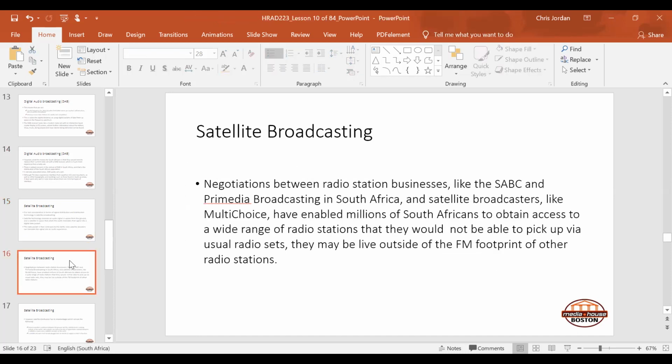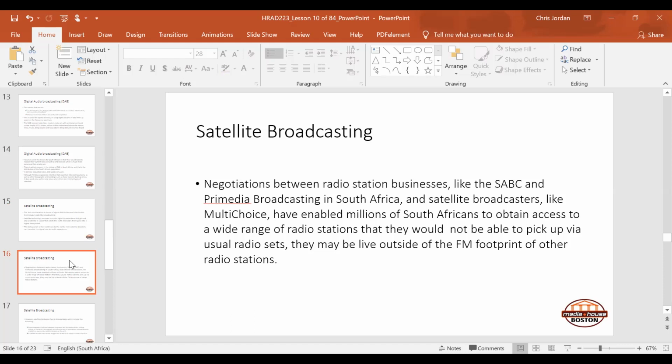So negotiations between radio stations, for example SABC and Primedia in South Africa, and satellite broadcasters like MultiChoice have enabled millions of South Africans to access stations that are not able to be picked up within our feeder area, but are around the country.